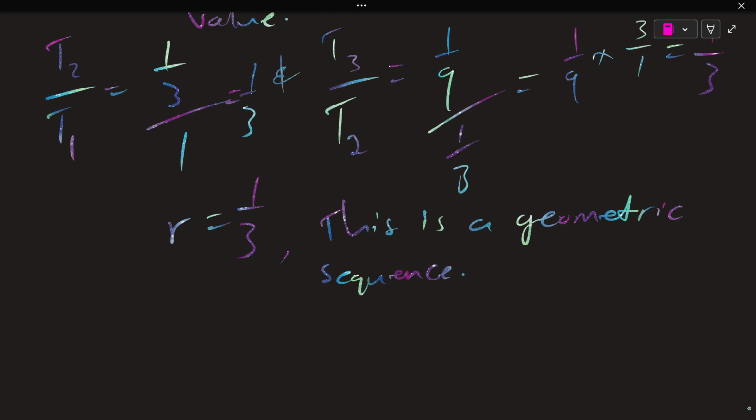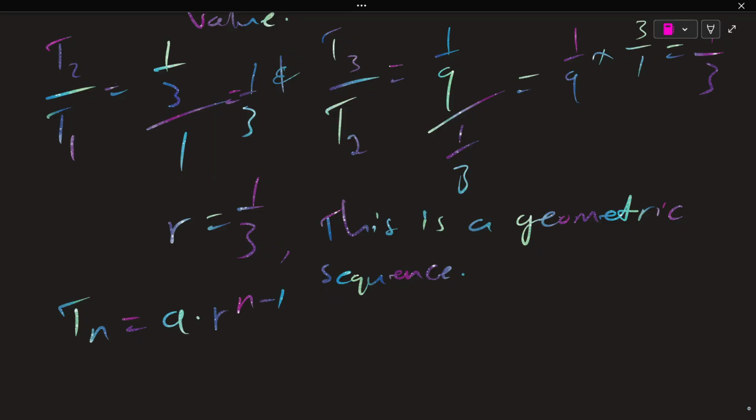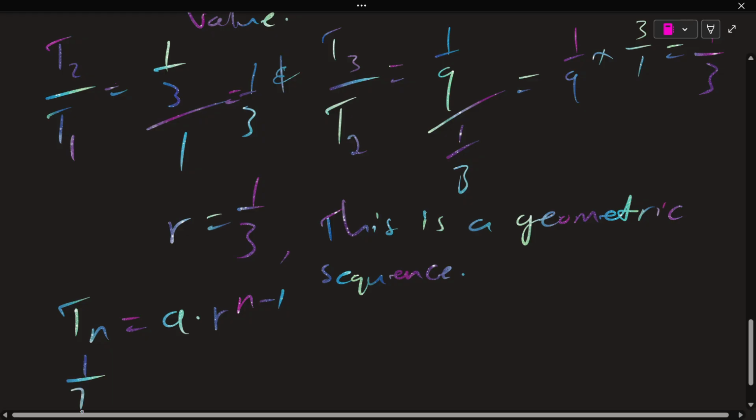It also means that to find the position n of the term 1 over 729, since we have the nth term equals a multiplied by r to the exponent n minus 1, 1 over 729 becomes the nth term. Now we need to look for the value of n.